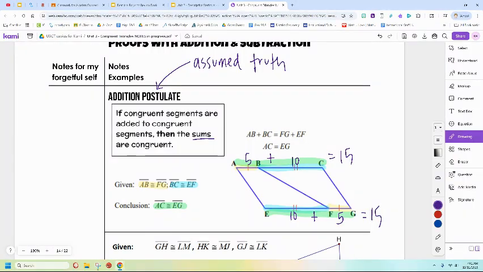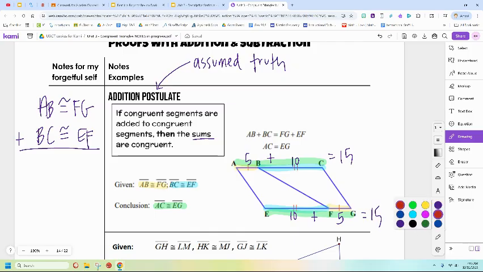Take the first statement in the given, AB is congruent to FG, and underneath it, line up the second statement, BC is congruent to EF, and then, almost like equation solving, put an addition symbol. Then see what happens and what can help you.